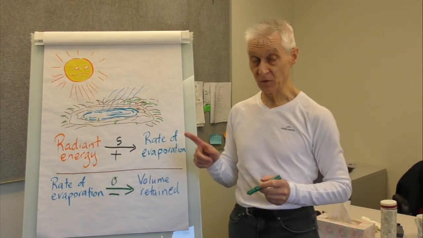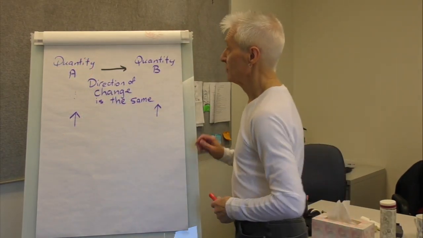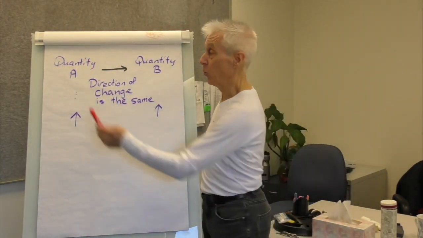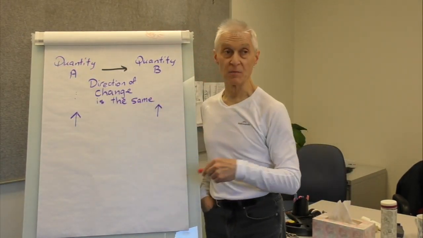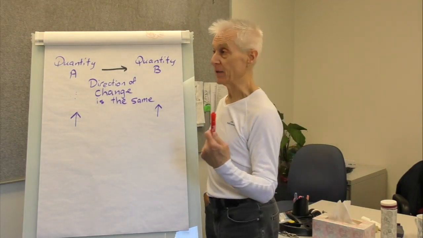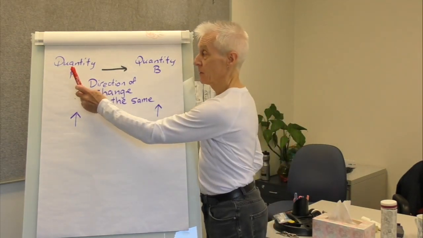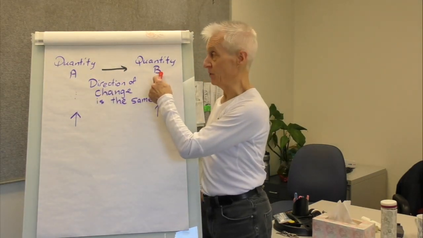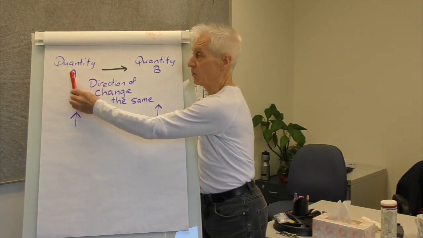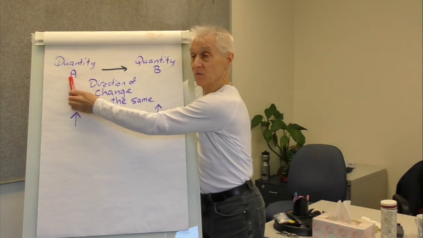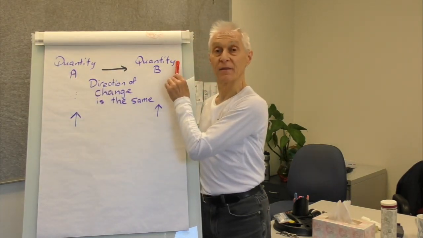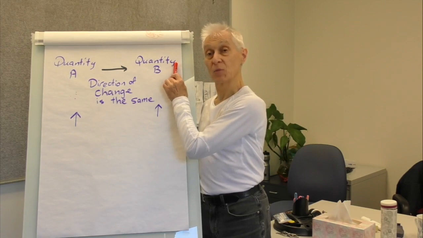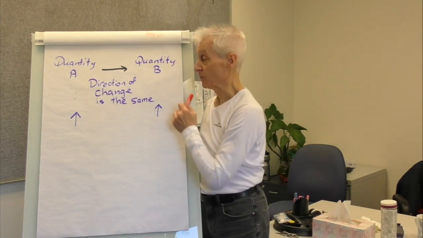Let's summarise that for you on the next sheet. So let's take a generic quantity A and quantity B. This might be the heat applied and rate of boiling of water, for example. This might be the quality of training for people in an organisation, and this might be the productivity of the organisation.